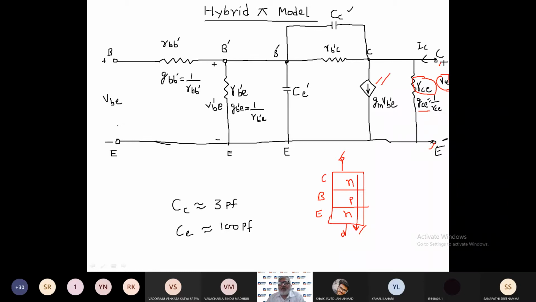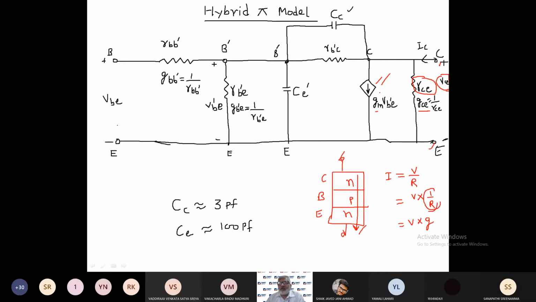And here there is one current source. If you write the expression for current, it will be V by R, or you can write it as V multiplied by 1 by R, where 1 by R is your conductance.